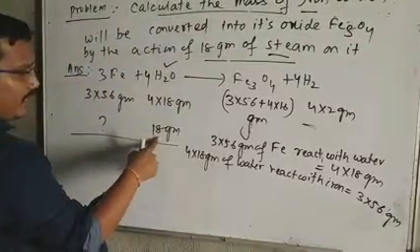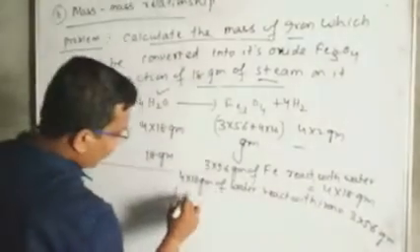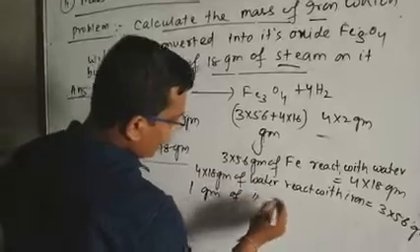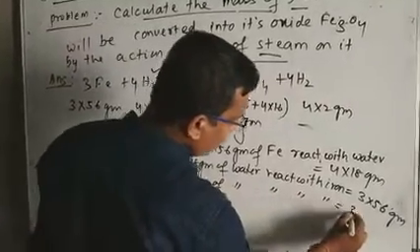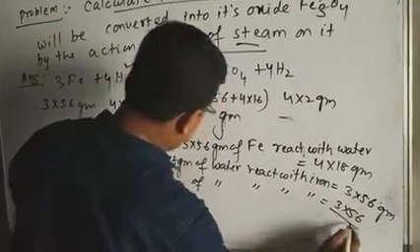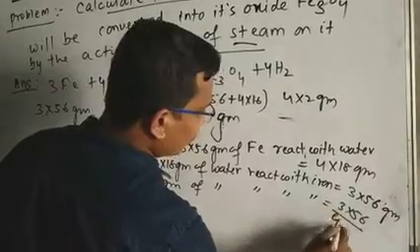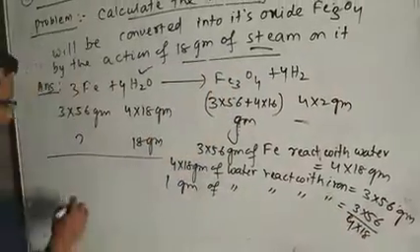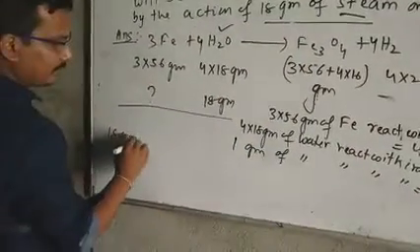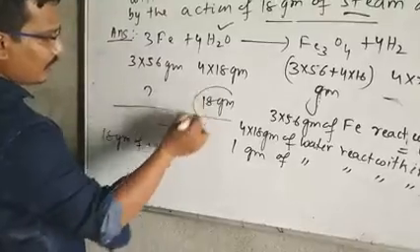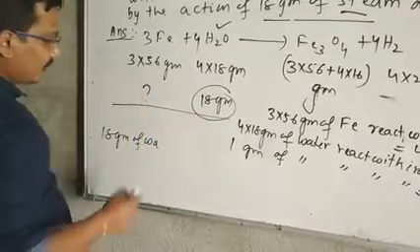Our aim is to find out 18 gram of water. 1 gram of water reacts with the iron equal to how much? 3 into 56 divided by 4 into 18. Next is 18 gram of water. Our question is for 18 gram how much iron?